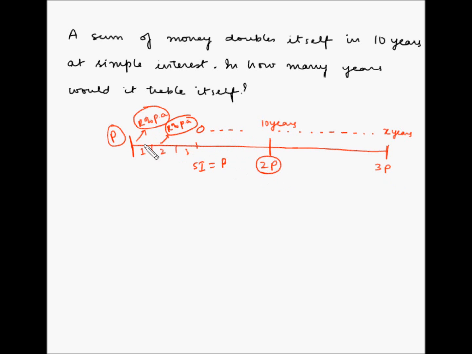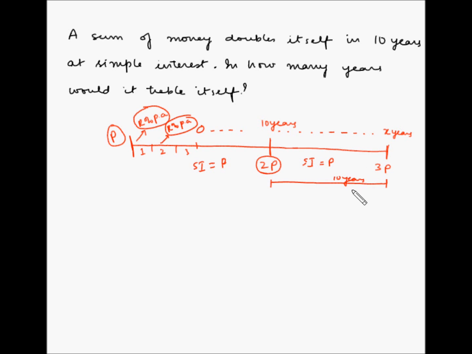Now with this logic that the interest remains the same for each year, the interest obtained for the remaining 10 years will be the same as the interest obtained for the first 10 years. So for the remaining 10 years you will get simple interest which is equal to the principal amount.